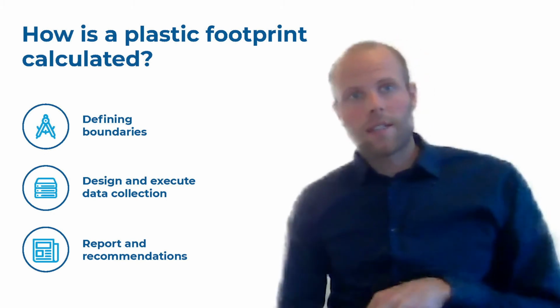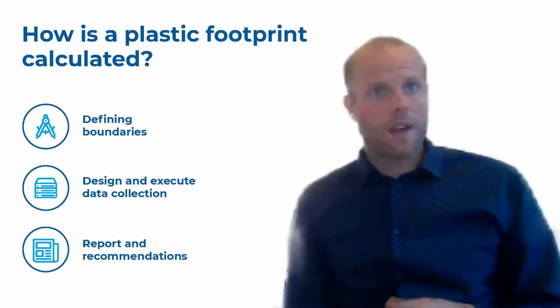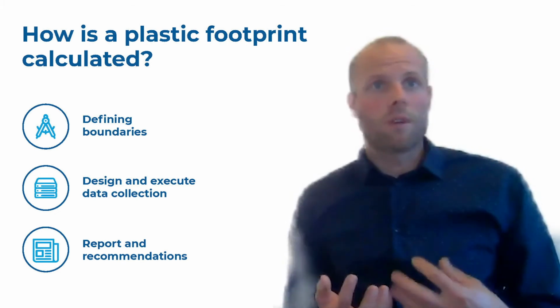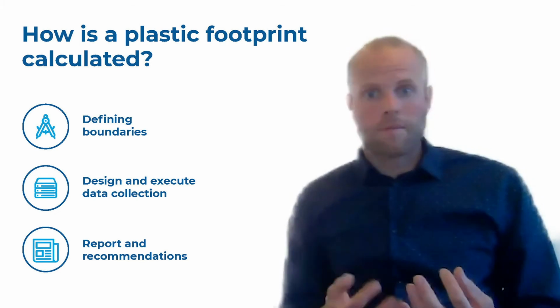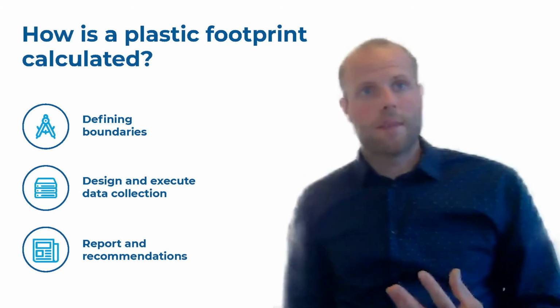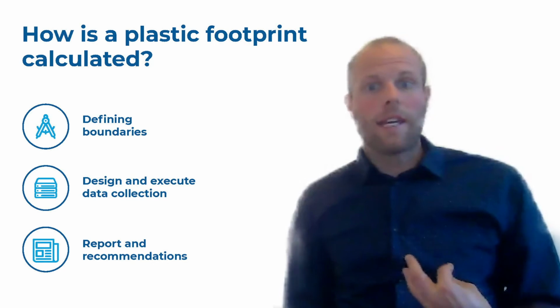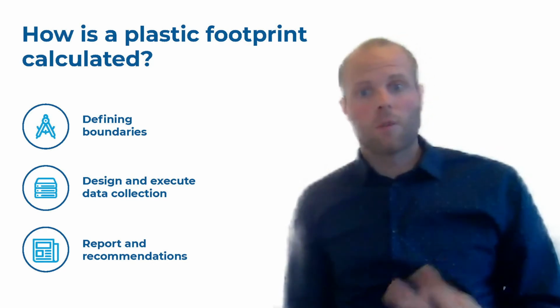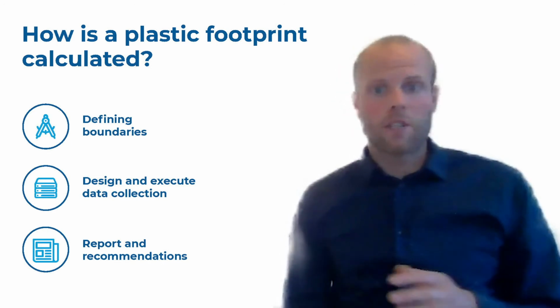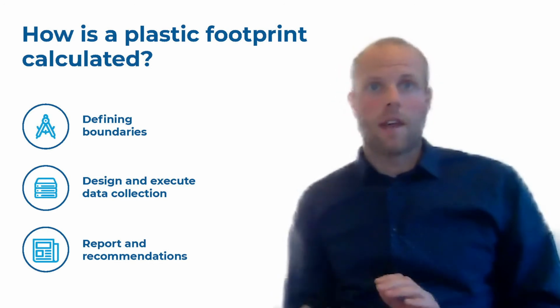And then the second step will be to define the data collection process and to actually also perform the data collection itself. And then the last step will be to report the plastic flows and also to provide recommendations to improve eco-management and measuring and reporting.